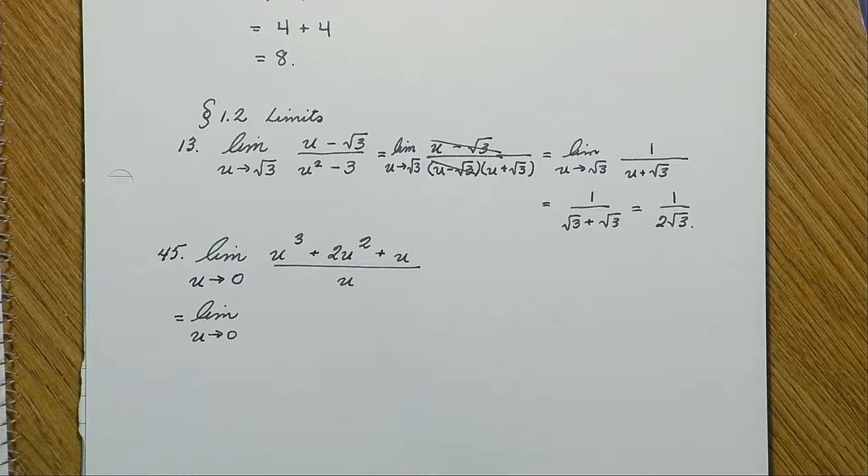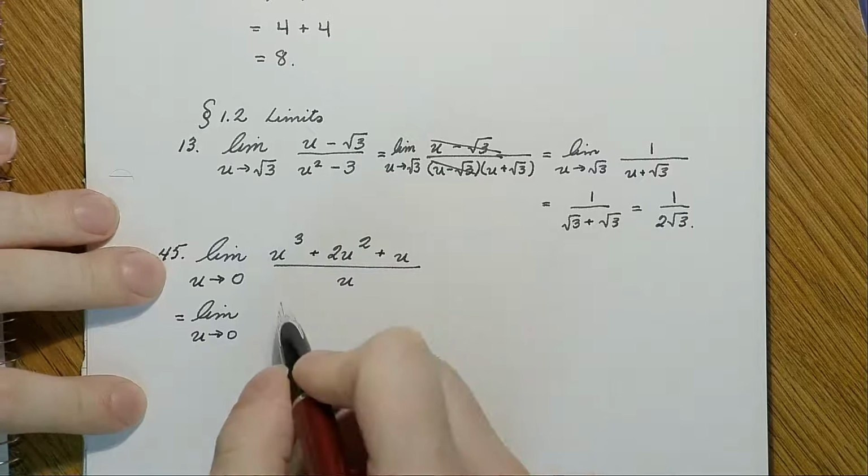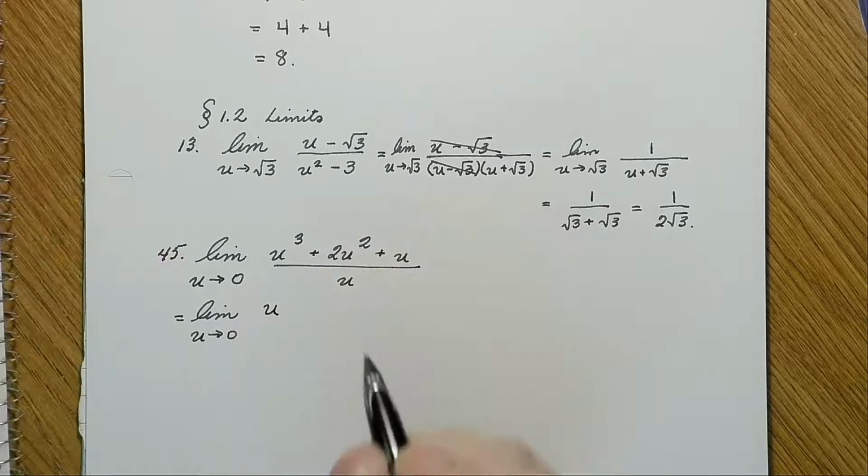There's always just a little bit of a delay, so I'll see if other people say factor out a u. Exactly, yes. Perfect. So to do that, pull out the u.